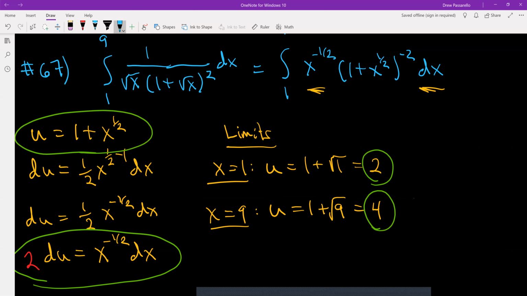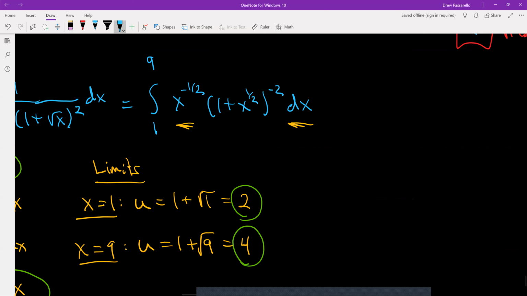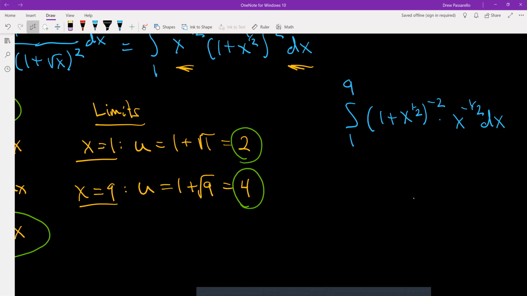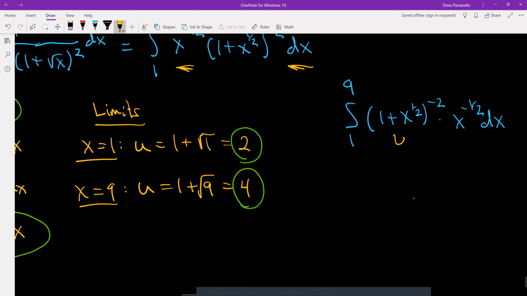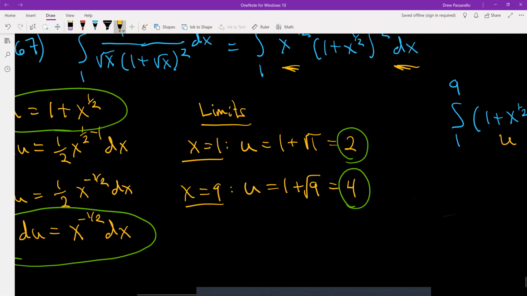All right, so substituting everything in, I'll go ahead and write the integral over again: 1 plus x to the 1/2, to the negative 2, and then x to the negative 1/2 dx. We know this is u, and we know that x to the negative 1/2 dx is 2 du.